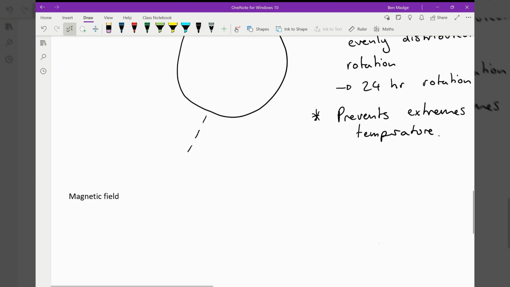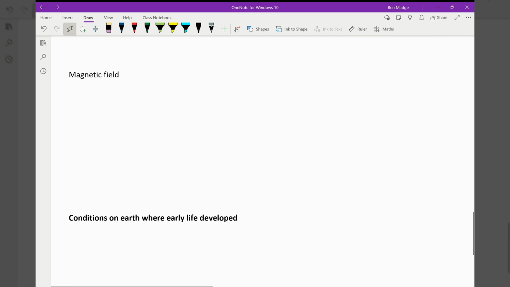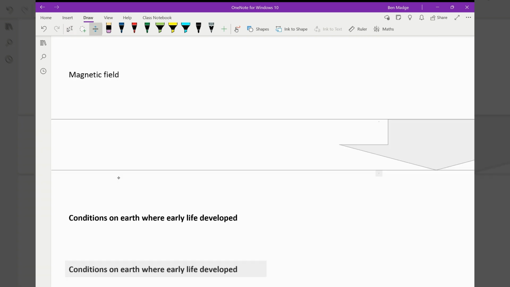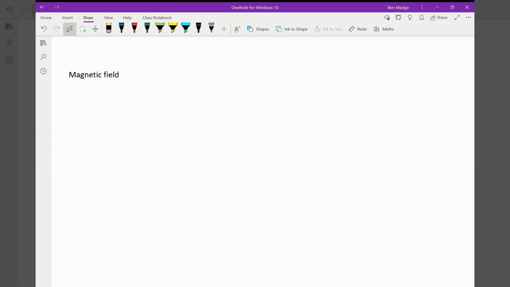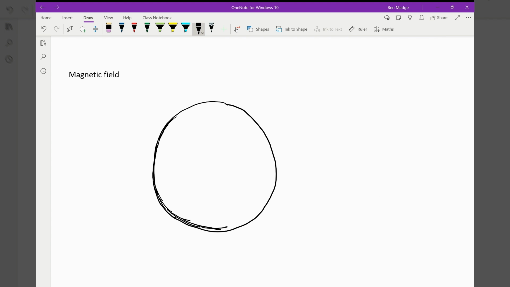And then our last feature of the Earth that makes it possible for life to evolve and develop: in that early Earth, all that heat caused there to be a molten core, and we still have a molten part of the center of our planet. Okay, so we have the outer crust here, which we are familiar with.